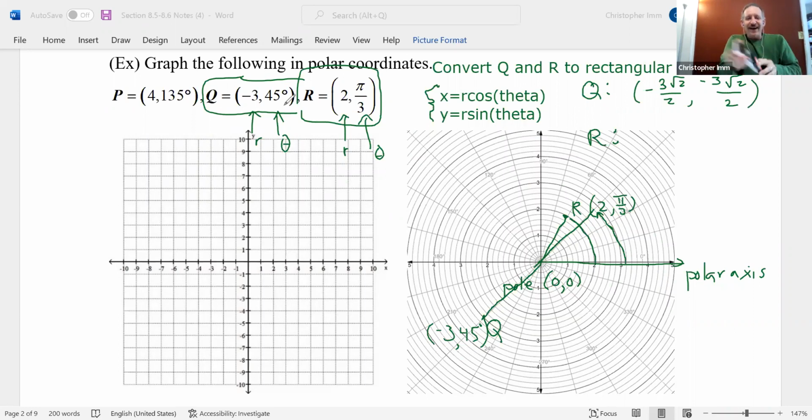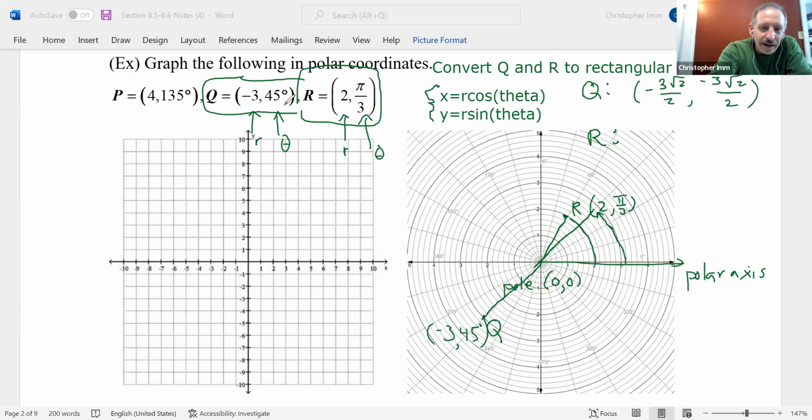All right. So I'm going to type this in my calculator just quickly to see what an approximation to that is. So 3 square root of 2 over 2 is about 2.12.